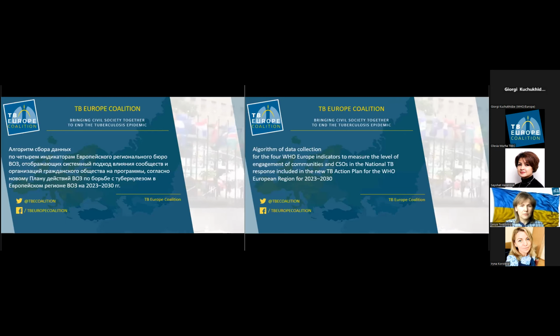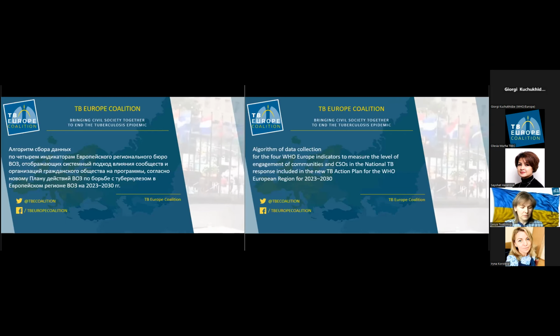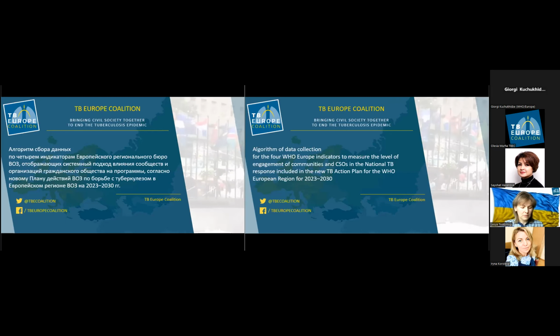And TB Europe Coalition is the driver of these changes. And for the countries which are present here today, it is very important. And I am glad that Ukraine is also part of these changes, because Ukraine is striving to become a leader and role model in these changes. But we are ready and happy to learn from other countries' experience.